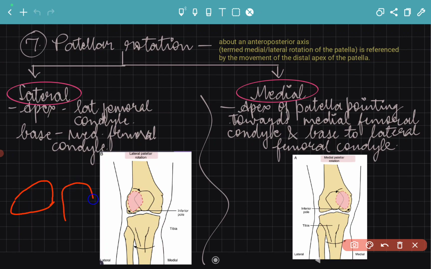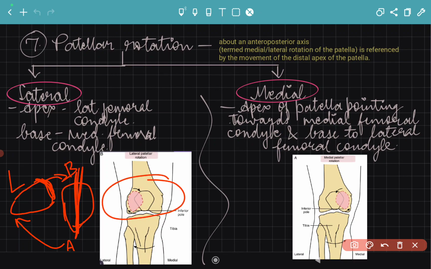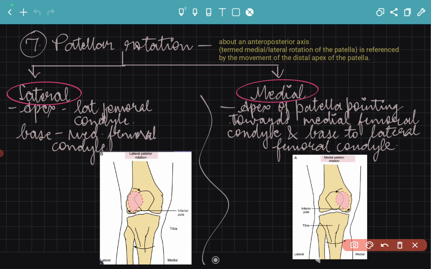This is the center position and now the apex of the patella has moved laterally and the base is moving medially, which is in this diagram. Can be clearly appreciated. The apex is going towards lateral femoral condyle, base to the opposite.